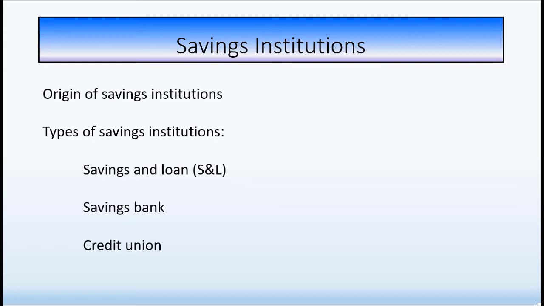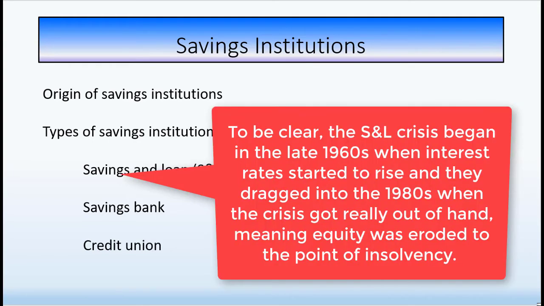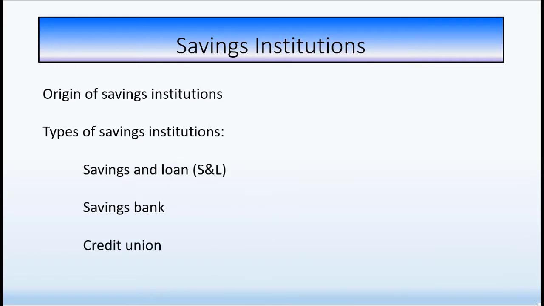That's very important. In the 1980s, interest rates increased dramatically. There were restrictions on the amount of interest savings and loans could pay. So what people decided to do is just withdraw their money because they could put it elsewhere. They put it into the shadow banking system, which we'll talk about later. And then they ran out of liquidity.